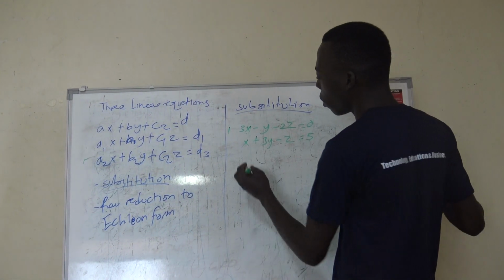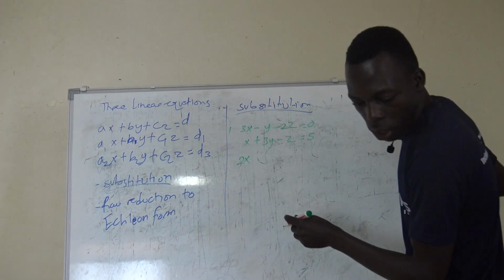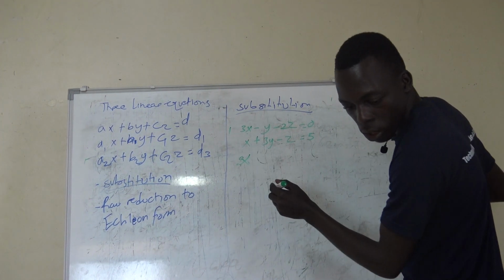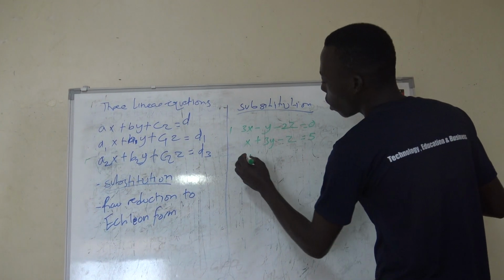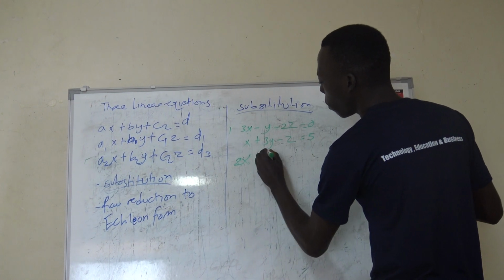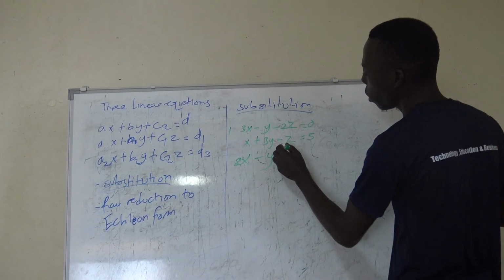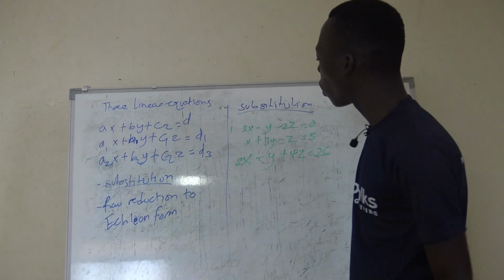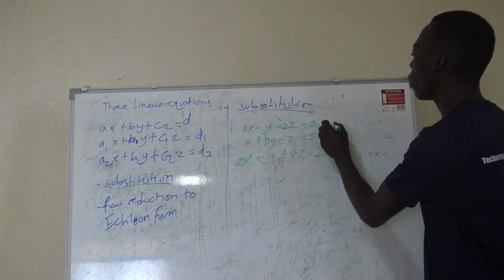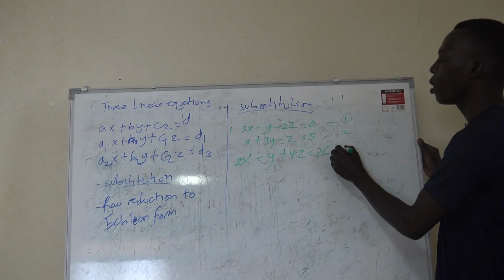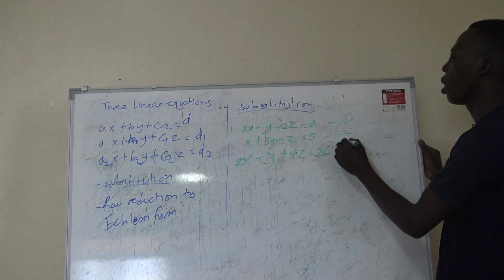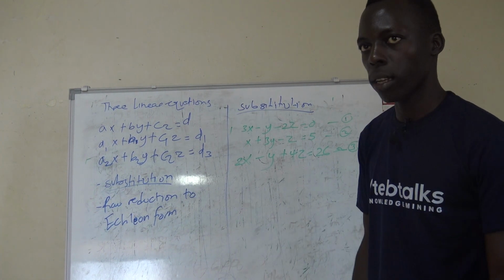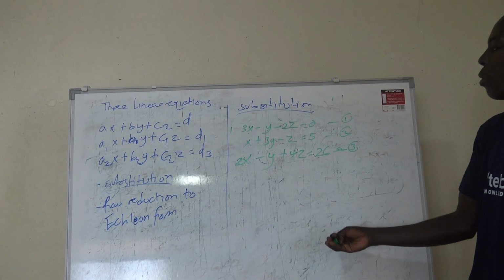The other one is 2x minus y plus 4z equals 26. So this is equation 1, equation 2, equation 3. Those are the three equations which they give you, and they say find the values of x, y, and z, or they can just say solve the equations.